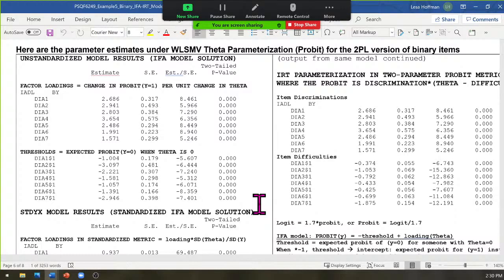I thought it was the limited. Full information maximum likelihood, any missing items are missing at random. Yeah, conditional random is what that means. And the limited information is the one where it's assuming completely at random. Okay, thank you.